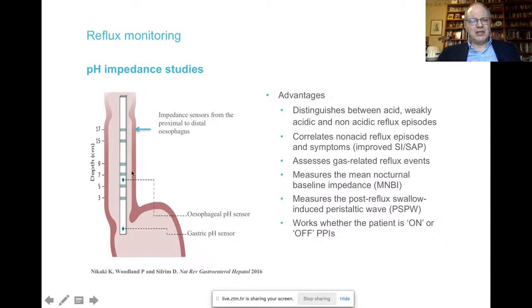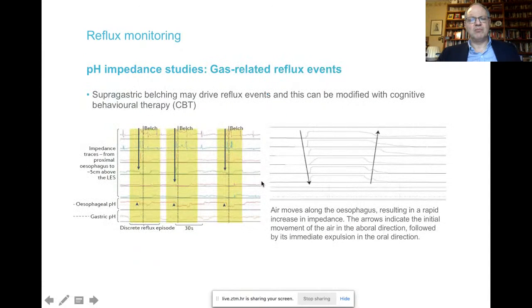We can measure the status of the mucosa with a parameter called nocturnal basal impedance. We can measure the clearance of the esophagus after reflux, detecting what is now called the post-reflux swallow-induced peristaltic wave. And interestingly, we can use impedance both off and on PPI, particularly on PPI in patients with refractory symptoms.